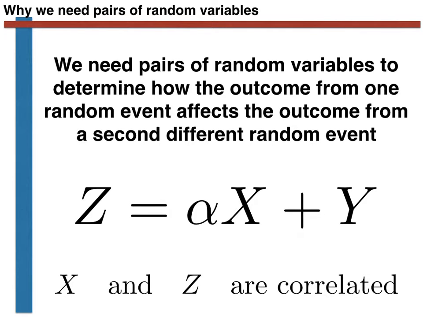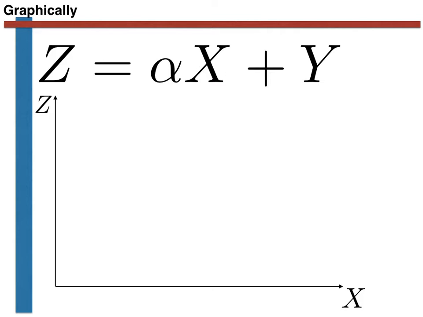Let's look at this business of correlation in a slightly different way. Let's suppose that Z was equal to alpha X and that Y is always equal to 0.